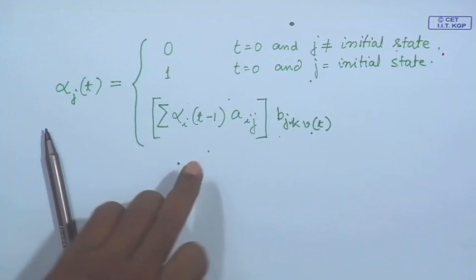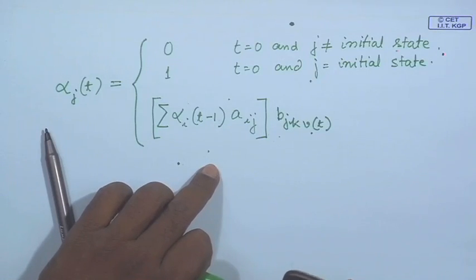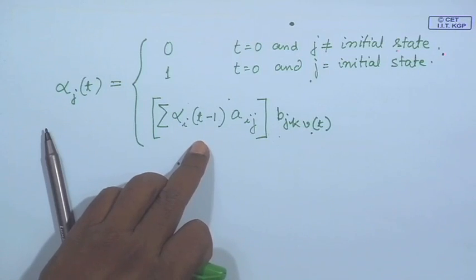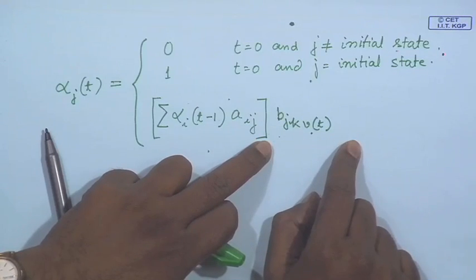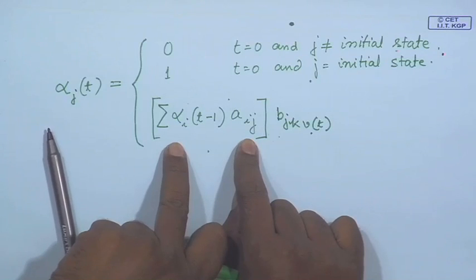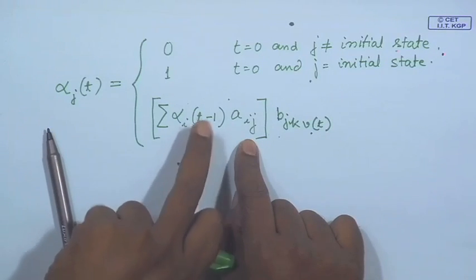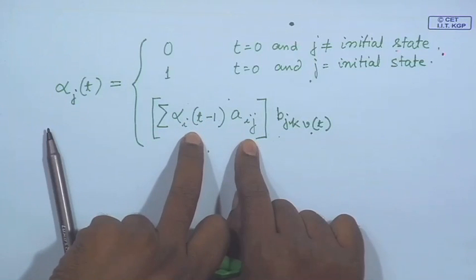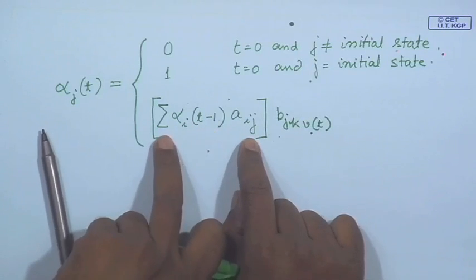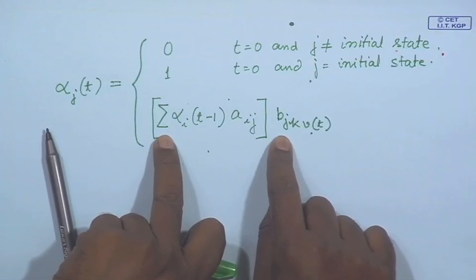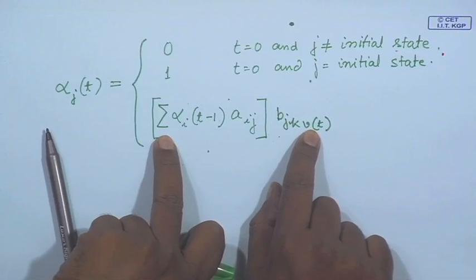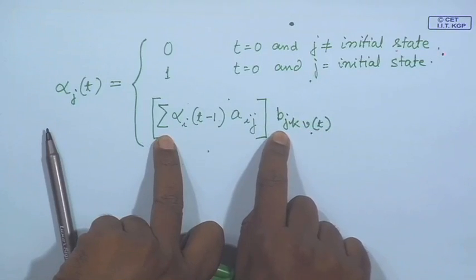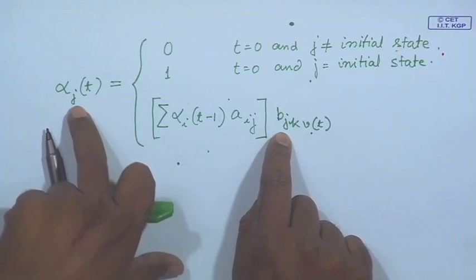Otherwise, alpha j t is given by this expression: the sum of alpha i t minus 1 into a i j, times b j k v t. So, this tells you the transition probability from all the states at the previous time step t minus 1, multiplied by the emission probability of the t-th symbol from state omega j. That is what alpha j t is.